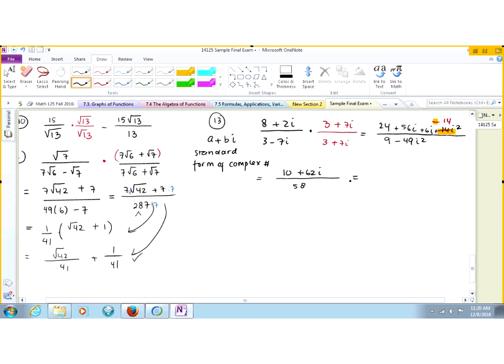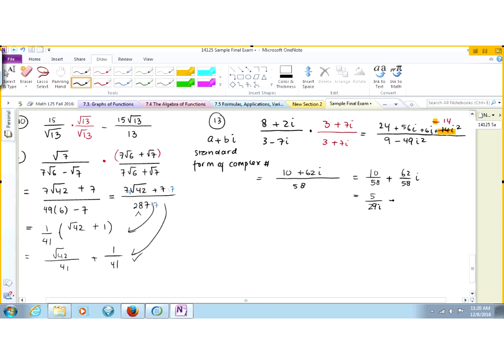So you have to write the real part separate from the imaginary part. Yes. So 10 over 58 plus 62 over 58. So divide by 2, I think this is 5 over 29, yes.